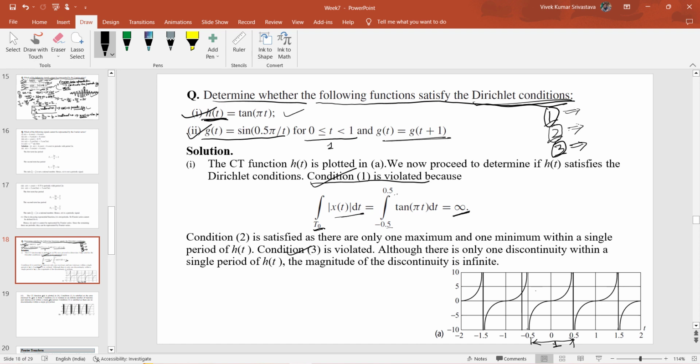By this relation you can see it is a periodic signal, which means we can represent it in terms of a Fourier series. But before that we have to check whether g of t satisfies the Dirichlet conditions or not.